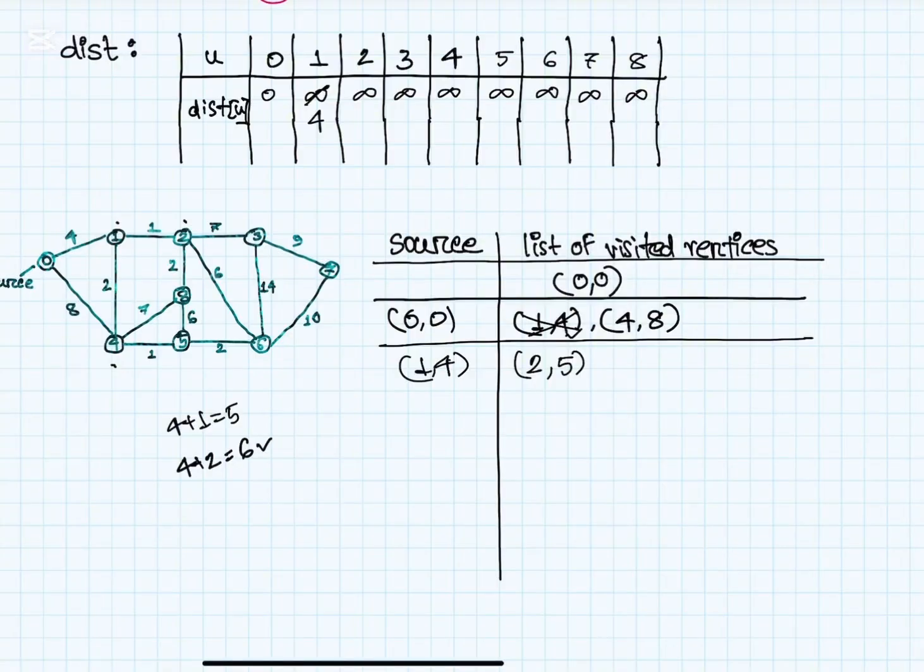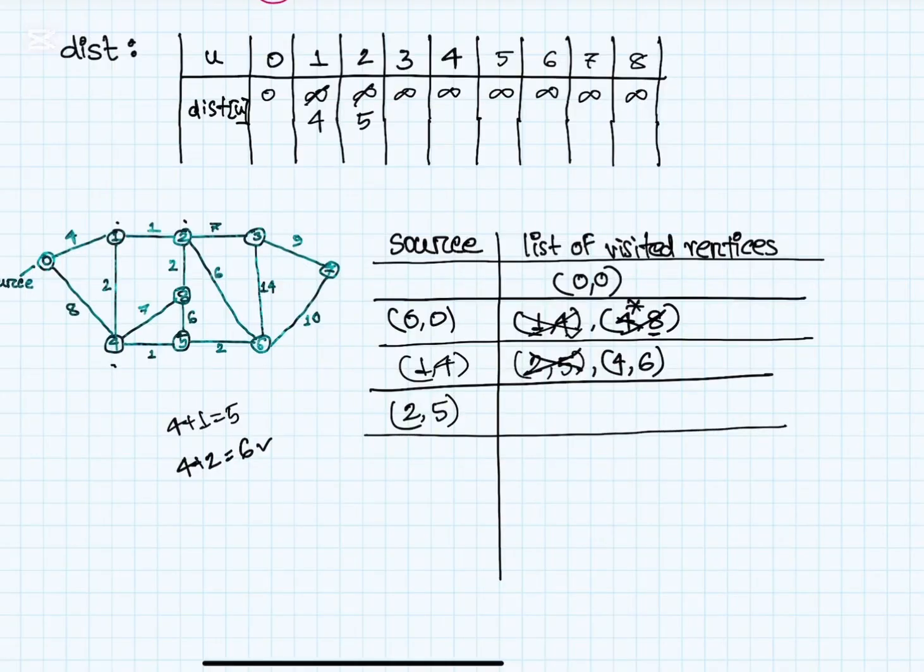Since 6 is smaller than 8, we'll update the value of 4. So 4, 6 will be the new distance. Now between these two, 2, 5 is smaller, so we'll choose this as our next source. So 2, 5, and we'll update the distance of 2 in the dist array. So 5.